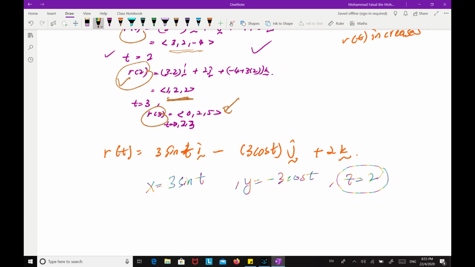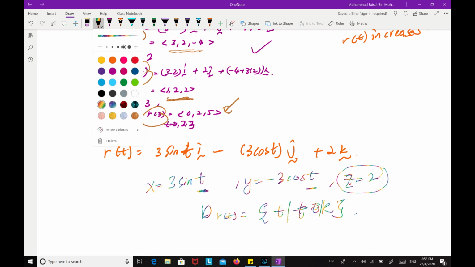Either one of the axes must be a constant. So from here, the domain of this R(t) will be t such that t is an element of real numbers. Always a real number.